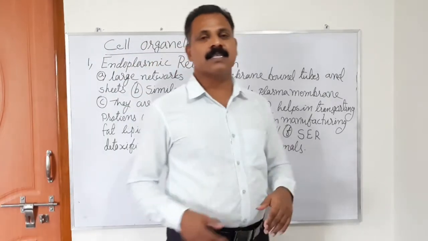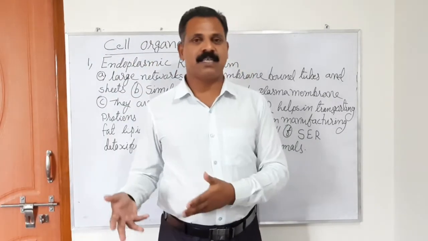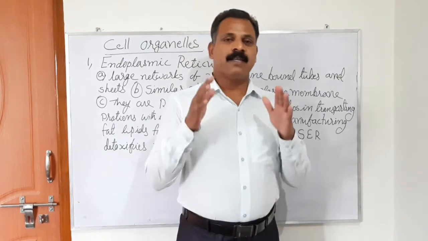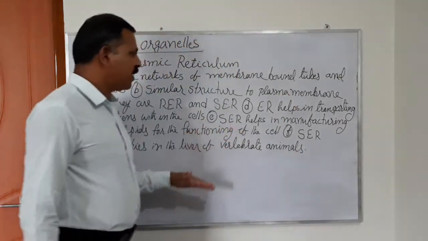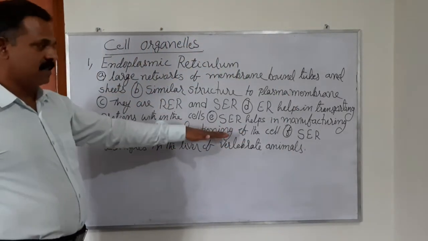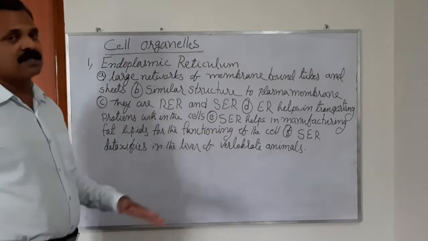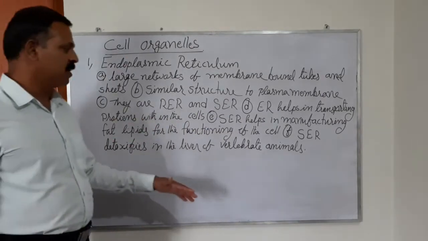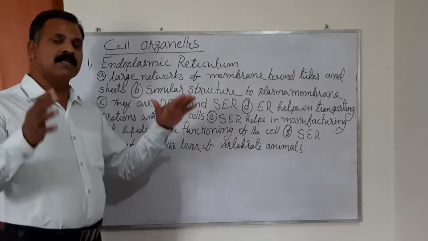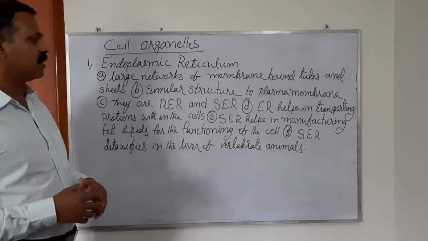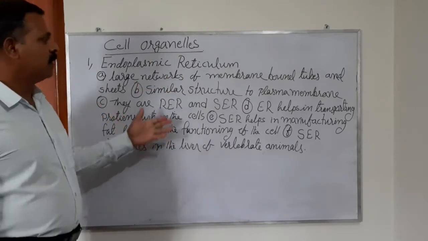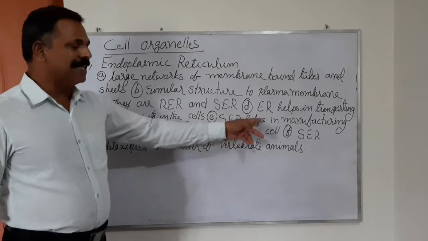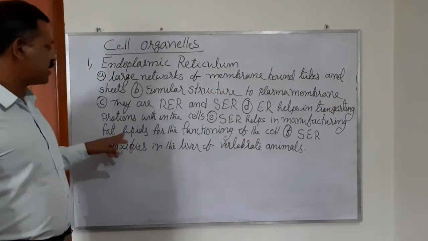Fats and lipids are components we will study in a coming session, and these are mainly manufactured by SER, and are very necessary for the well functioning of the cell. So the various activities in the cell are supported by the production made by SER, that is the fats and lipids.